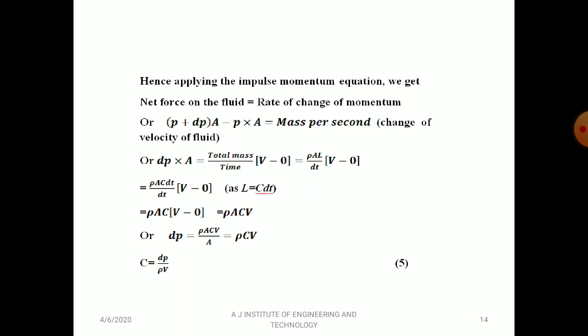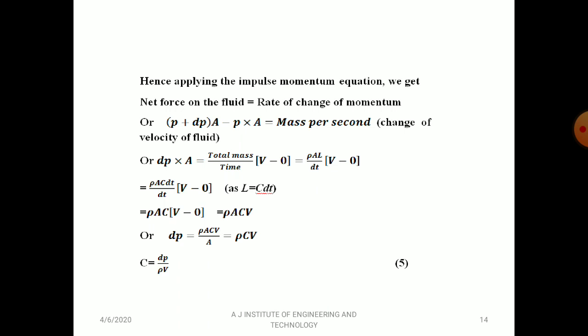So mass is given by rho into A into L, from the equation density equals mass by volume, so mass equals density into volume. Volume is area into length. So rho into AL divided by the time interval dt into V minus 0. But in place of L you can substitute c dt, the distance traveled by the sound wave. So rho A c dt divided by dt into V minus 0. Now you can cancel the dt terms.